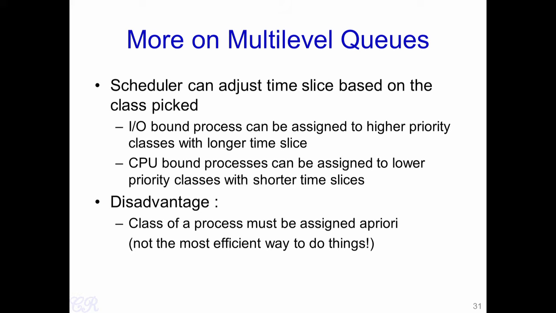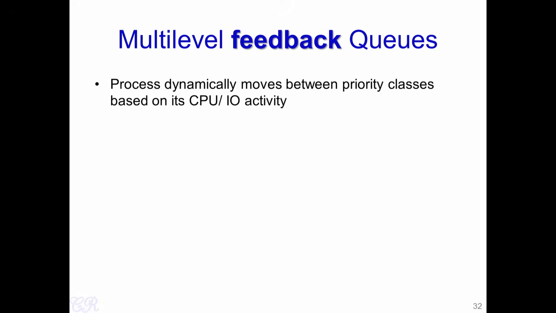Therefore, deciding a priori whether a particular process belongs to an IO bound process and it should be given a higher priority is difficult. So, one way to mitigate this limitation is to use schedulers which use multi-level feedback queues. In such schedulers, processes are dynamically moved between priority classes depending on their CPU IO activity.